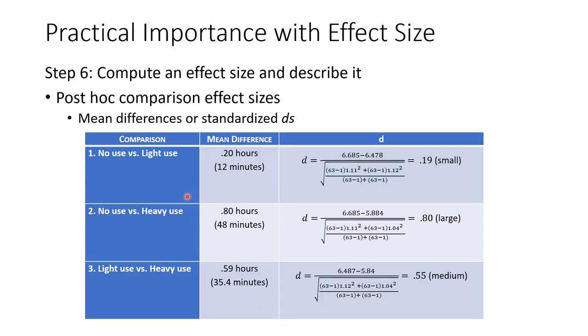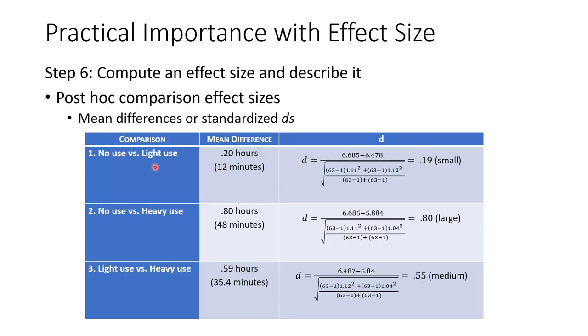So in this case, we're going to compute a Cohen's d. This is a similar Cohen's d that we've done in previous chapters. It's using a different measure for the denominator, but it's interpreted in a very similar way.